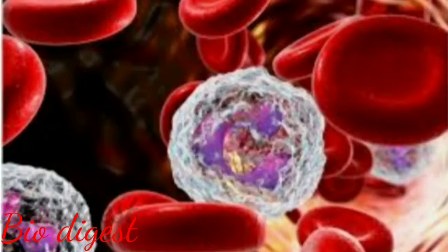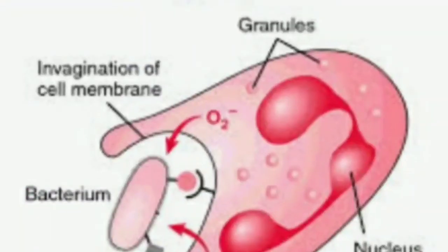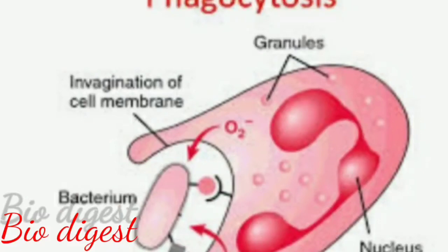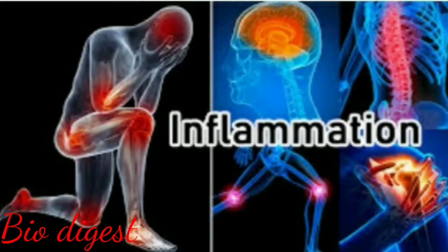What are the functions of leukocytes or WBCs? Phagocytosis. WBCs engulf particle-like solid substances, especially bacteria. The process is called phagocytosis. This is a defensive mechanism against disease germs. Inflammation. Inflammation occurs due to the reaction of tissues to injury and to localized invasion of germs.